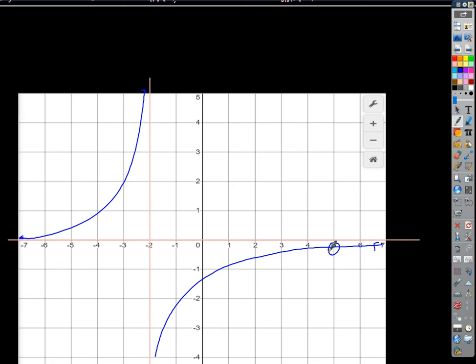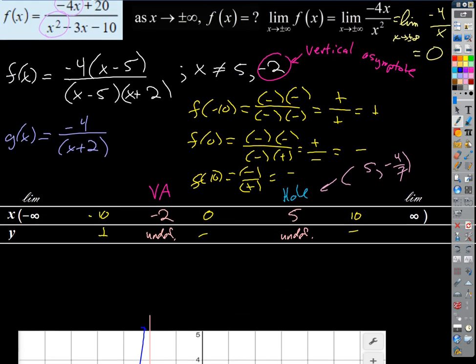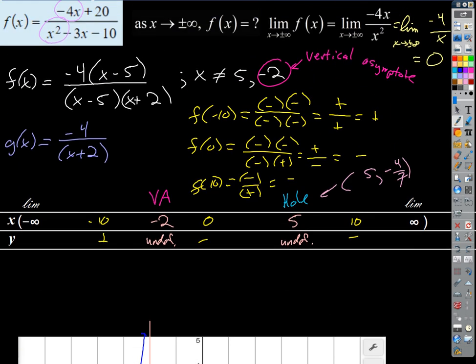Yep. So isn't 0 also horizontal? It is. We get a horizontal asymptote because of this right here, okay, that's important, because our limit as x approaches plus or minus infinity is 0, our horizontal asymptote is the line y equals 0.